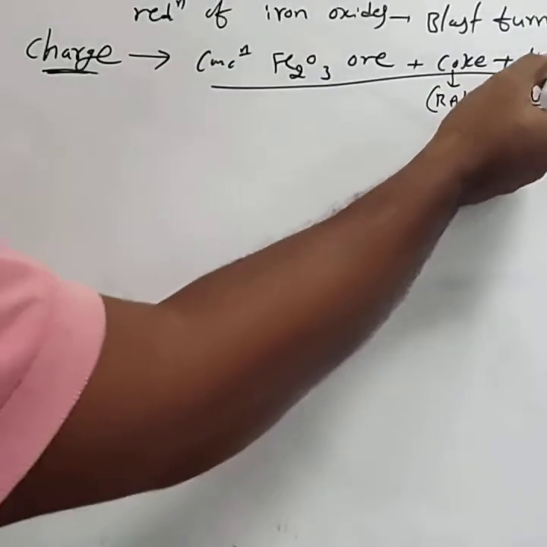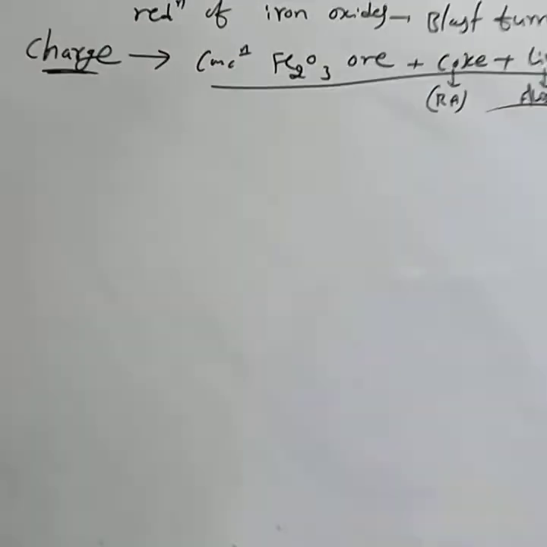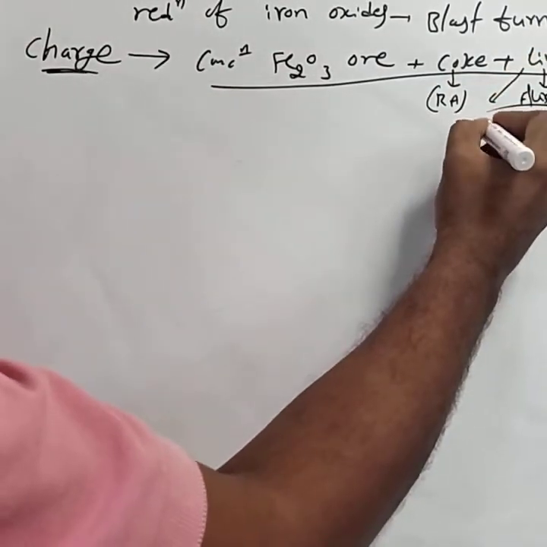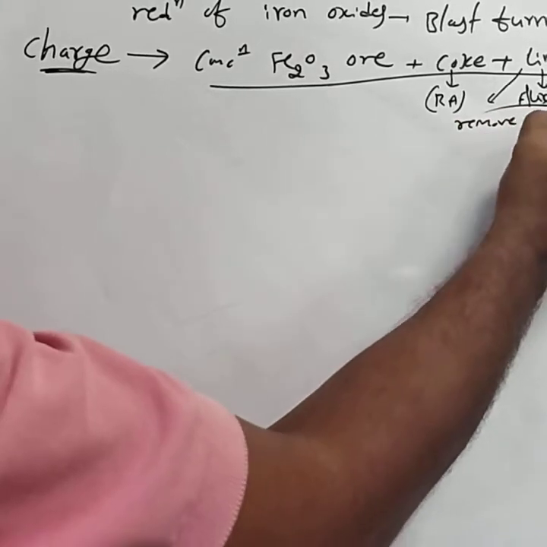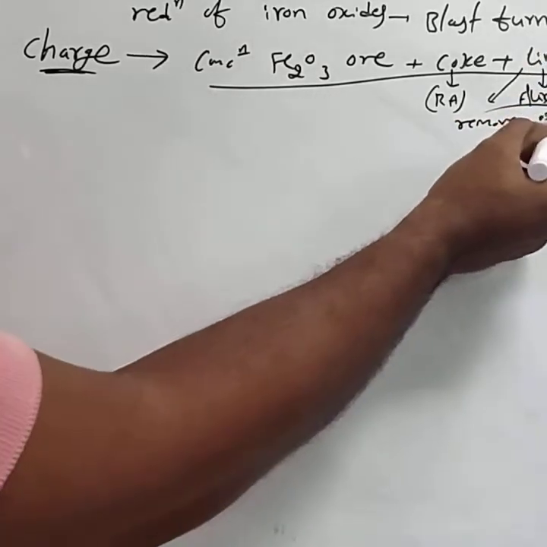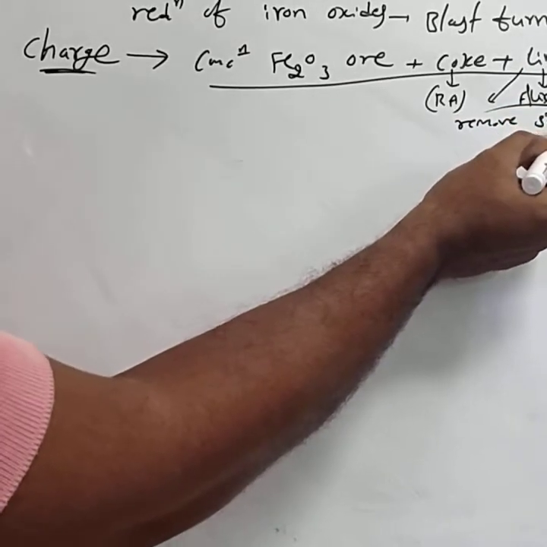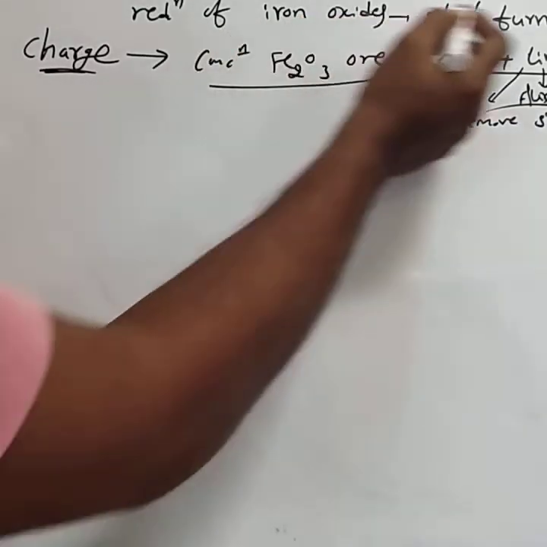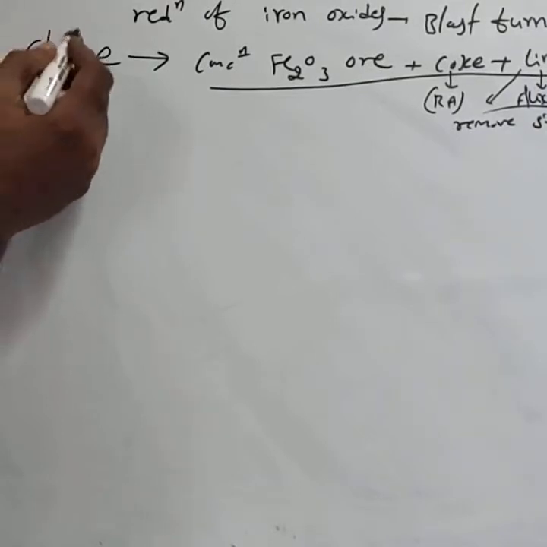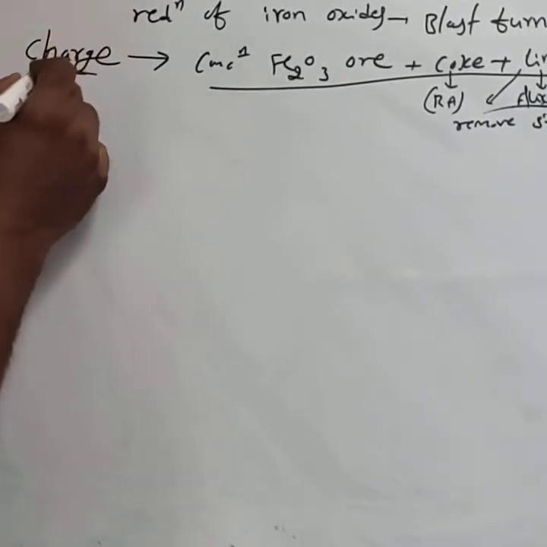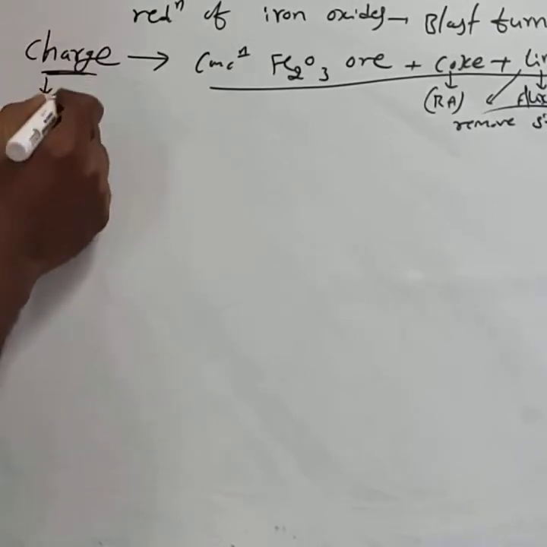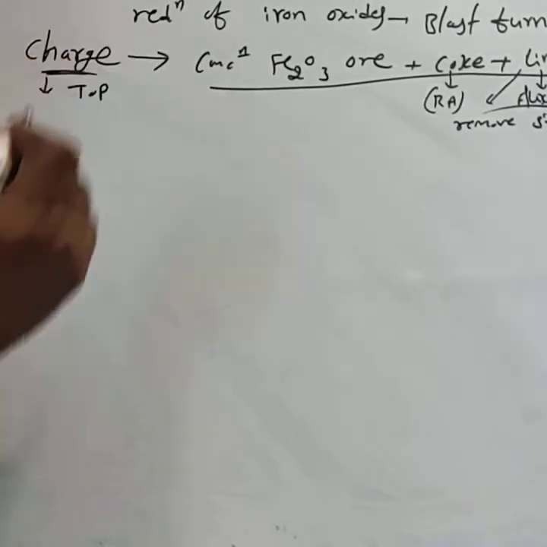Limestone is used to remove the silica impurity, SiO2, present in the hematite ore. This mixture is called the charge, and it is introduced into the blast furnace from the top.